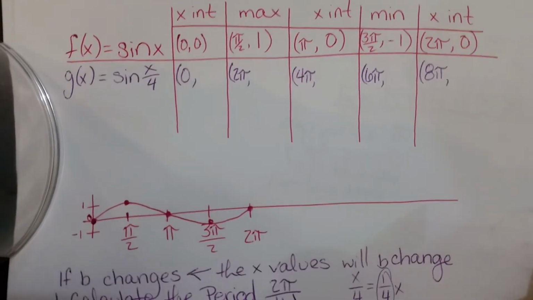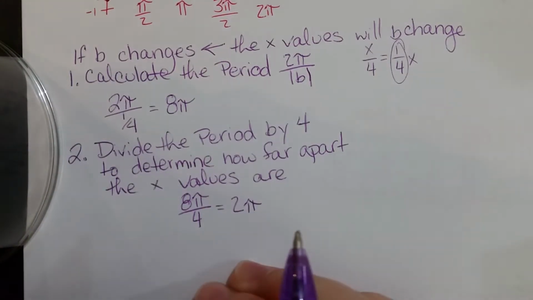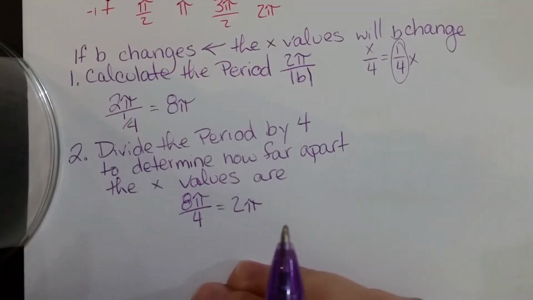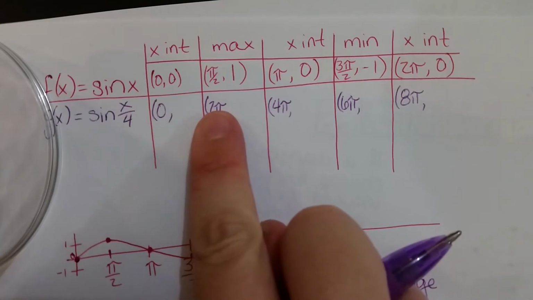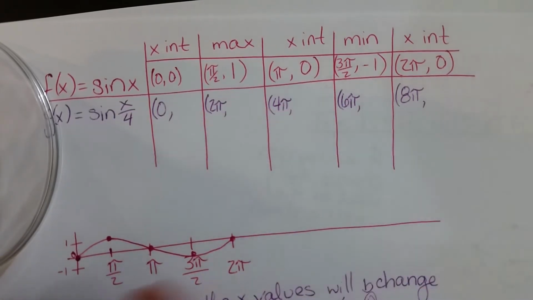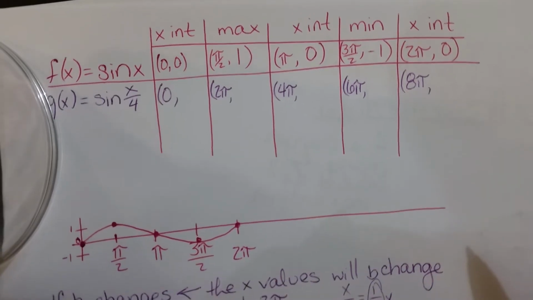Sorry, the x values will change. And you are doing these calculations to figure out how to change the x values. Okay, now the first x value, 0, will still stay the same, but everything after that will be based on how wide or narrow your graph is.